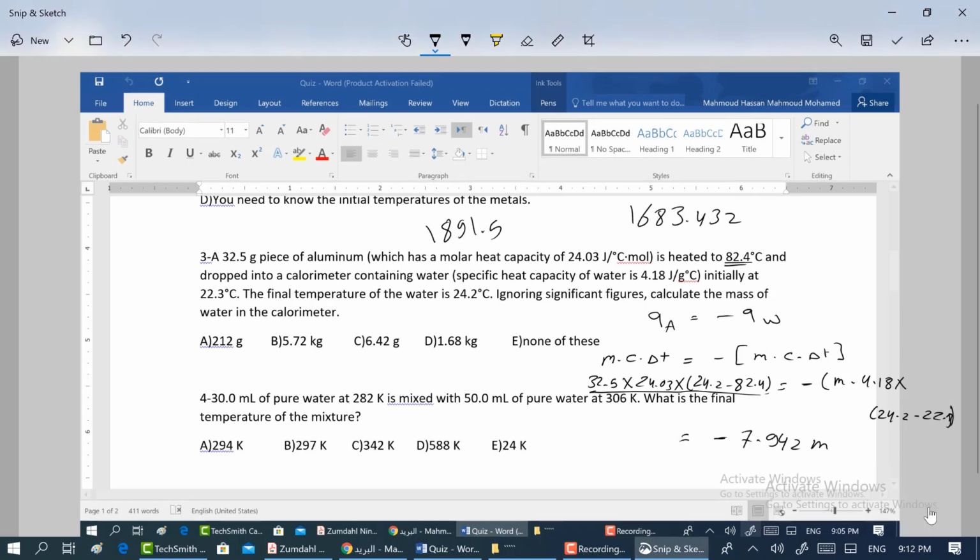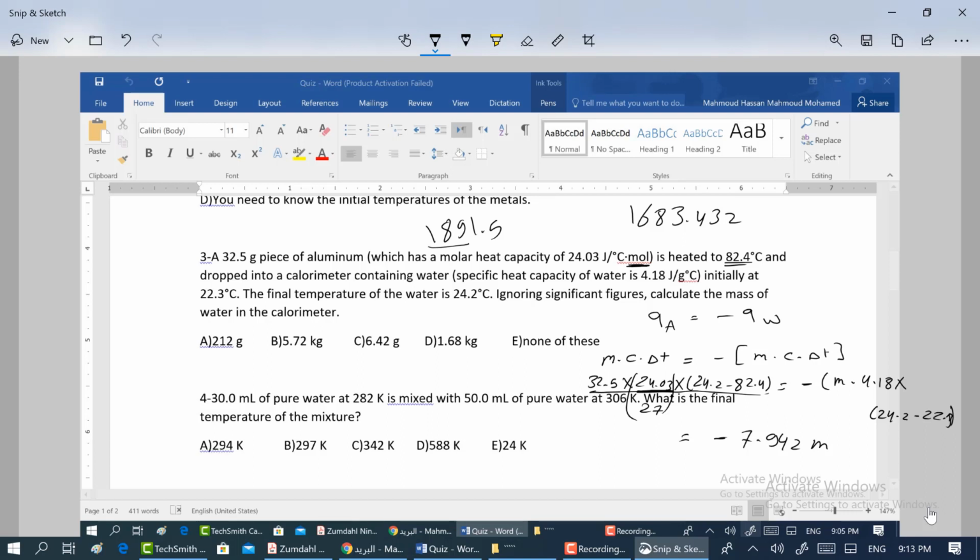Firstly, we said that the mole, this word is called mole, we must change it to grams. So joule per degree Celsius multiply gram. So firstly we must divide this 24.03 by 27, the molar mass of aluminum. So the product it will be 1891.5, multiplying the difference in temperature.